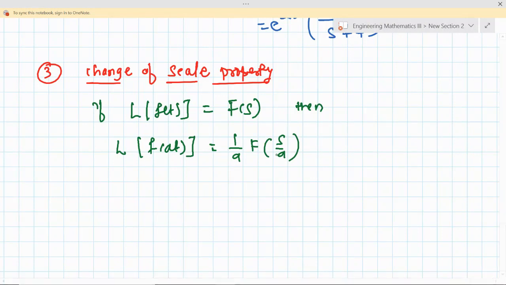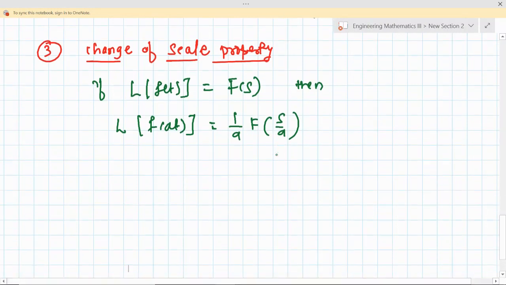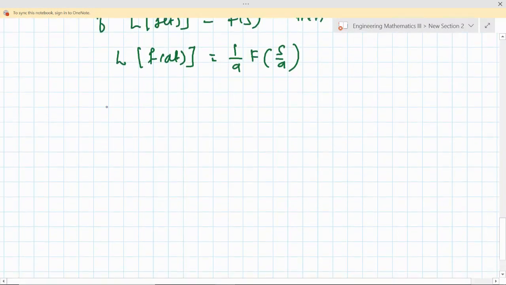We can simply understand this with the help of an example. Let us see that. To find the Laplace transform of sinh 3t, you can also find this with the help of a direct standard result.